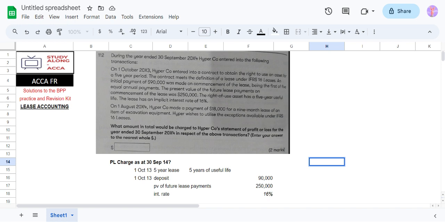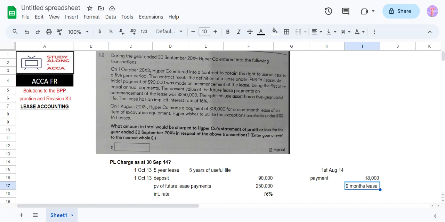They are saying that on 1st August 14, they made a payment of 18,000 for a 9-month lease, an item of excavation equipment.